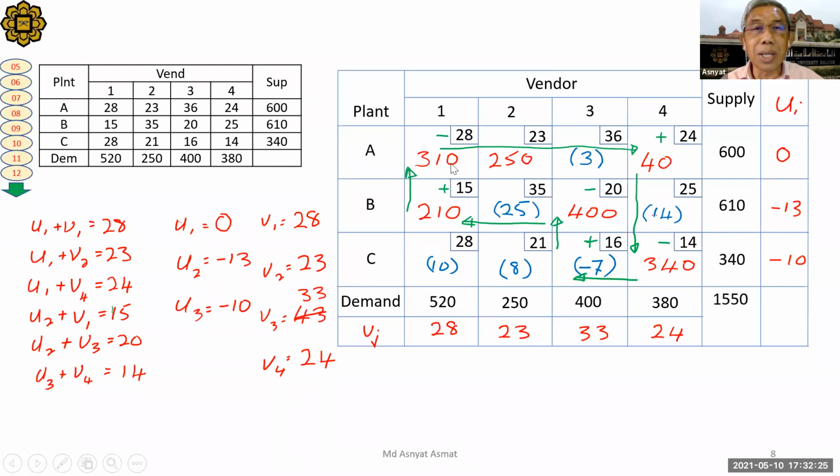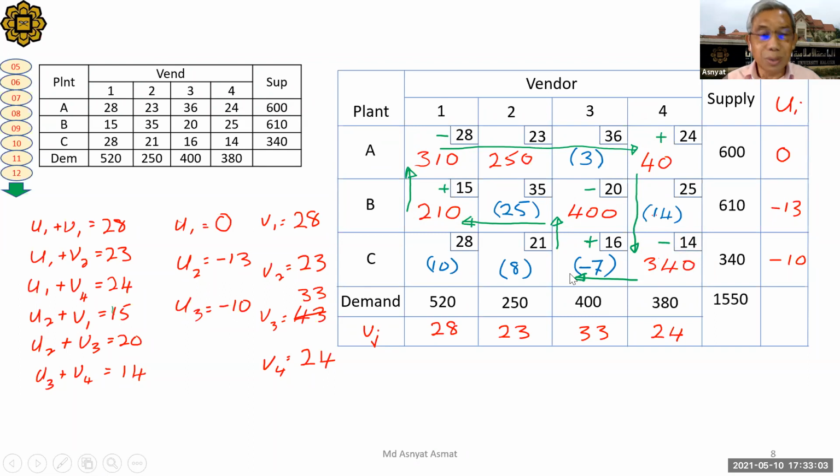We are going to add 310 to nothing, deduct 310 from 400, add 310 to 210, deduct 310 from 310, add 310 to 40, deduct 310 from 340.